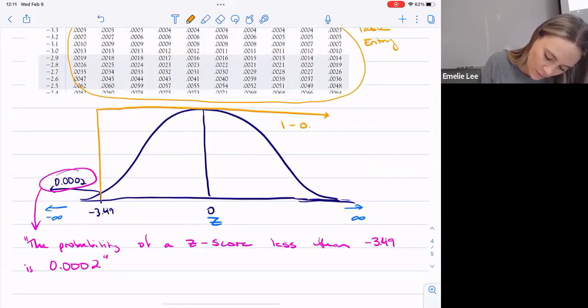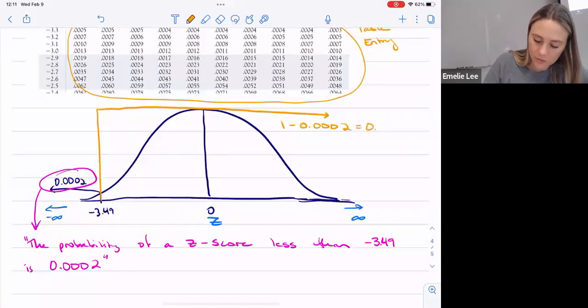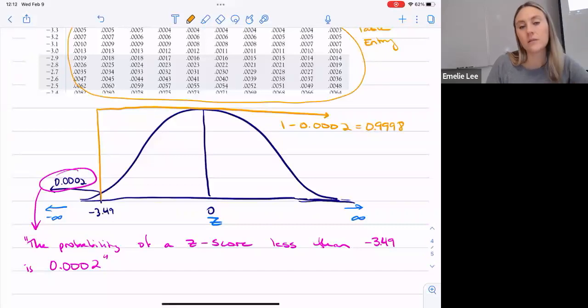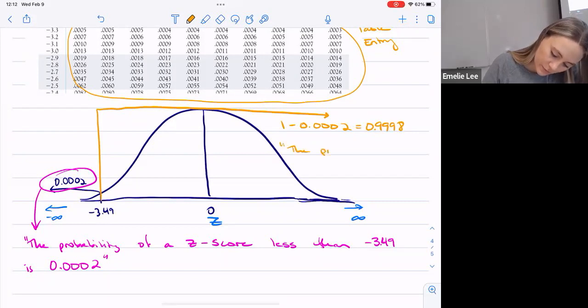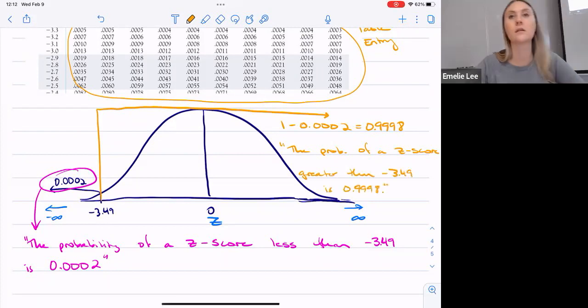So we take 1 minus 0.0002, which is 0.9998. The probability of a Z score greater than negative 3.49 is 0.9998.